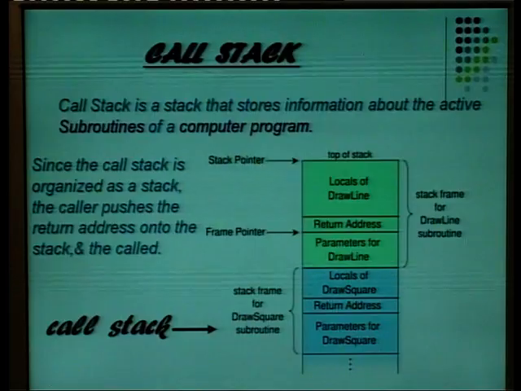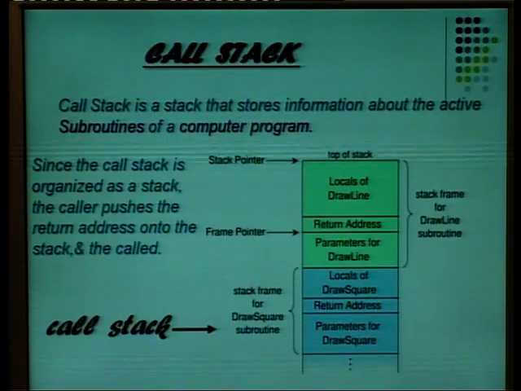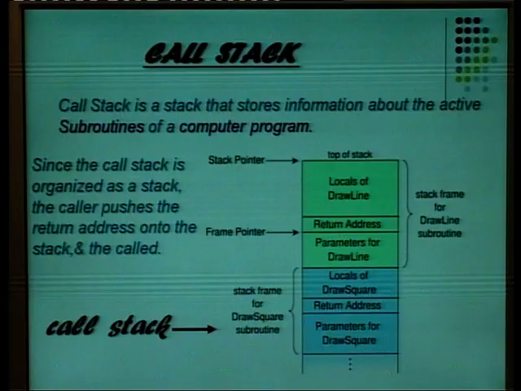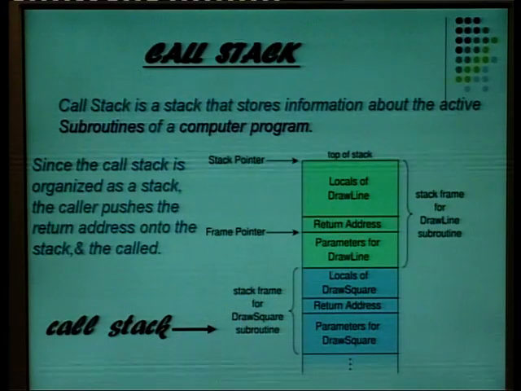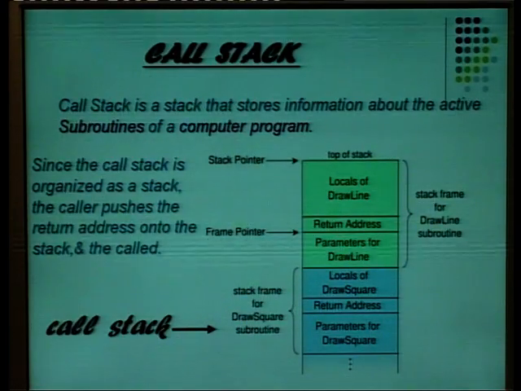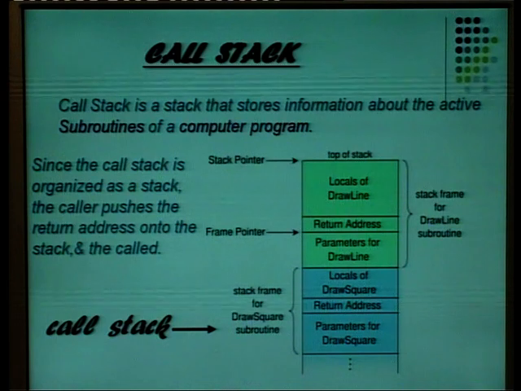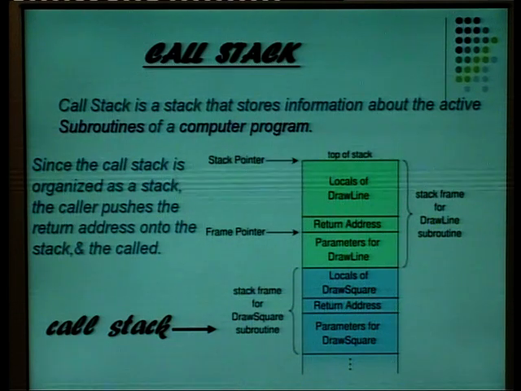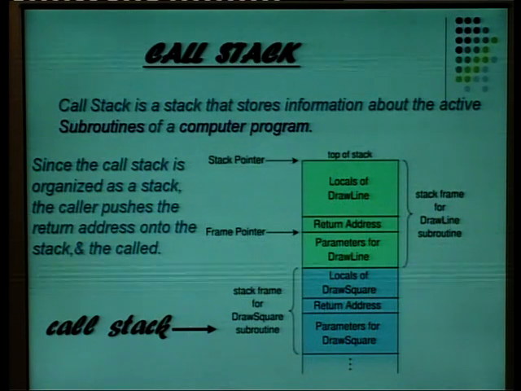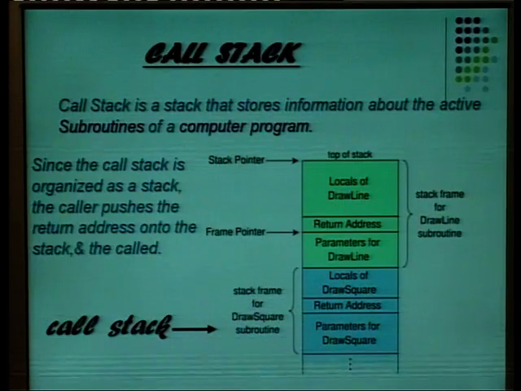Top of the stack, stack frame for the draw line subroutine, return address, parameter for drawing line, local variables, then draw square, return address, parameter for draw square, stack pointer, frame pointer, stack frame for the draw square subroutine.